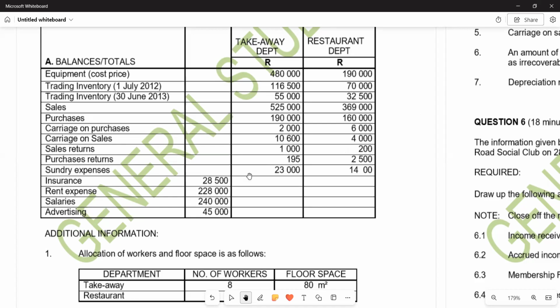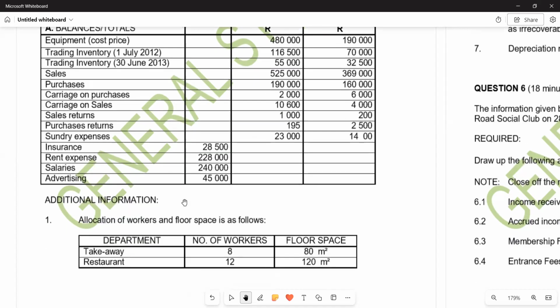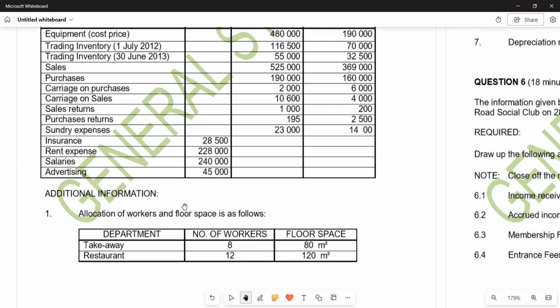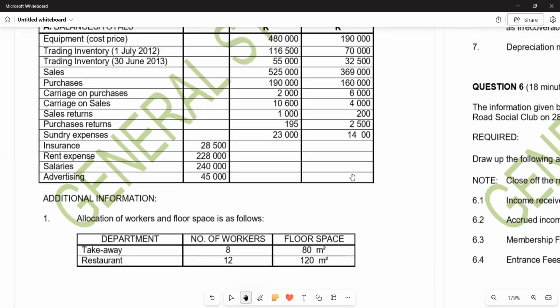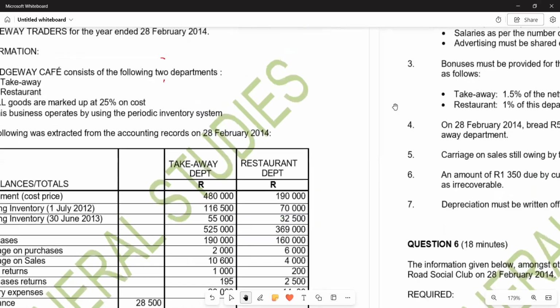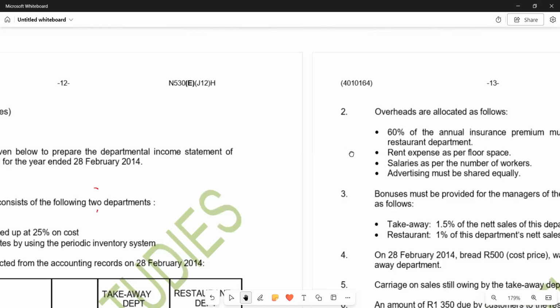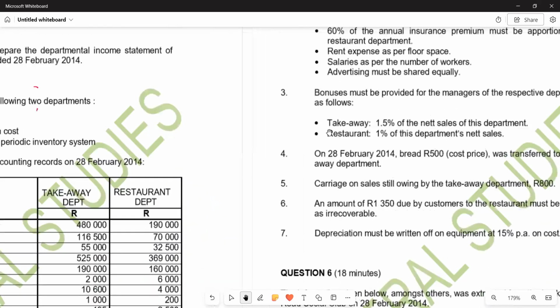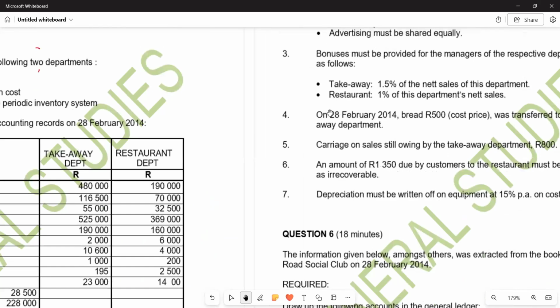Information one is the allocation of workers and floor space, which is summarized in another table. The additional information continues from number 1 up to the last one, which is 7.